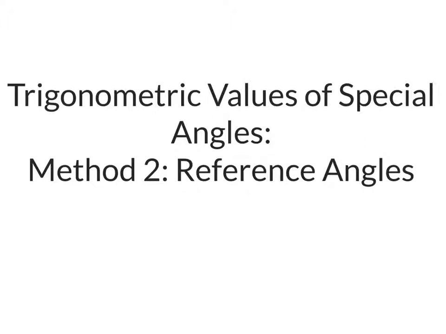To do this method successfully, it's crucial that you understand the signs of the trigonometric functions based on what quadrant the rotation lies in, and it's also important that you have the sine and cosine values in the first quadrant memorized.